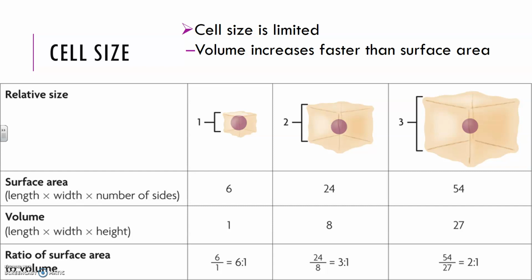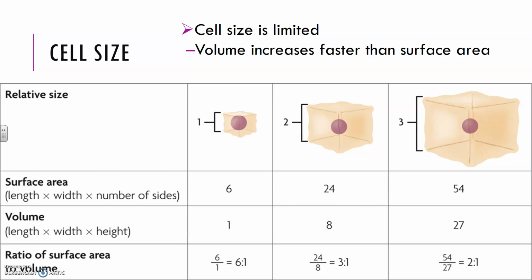So this is just showing you that the volume is increasing a lot faster than the surface area is, and so surface area and volume for a cell have to be in this kind of balance where there's enough volume within the cell in order to do all of the things that the cell is supposed to do, but it's not overwhelming the surface area, okay?